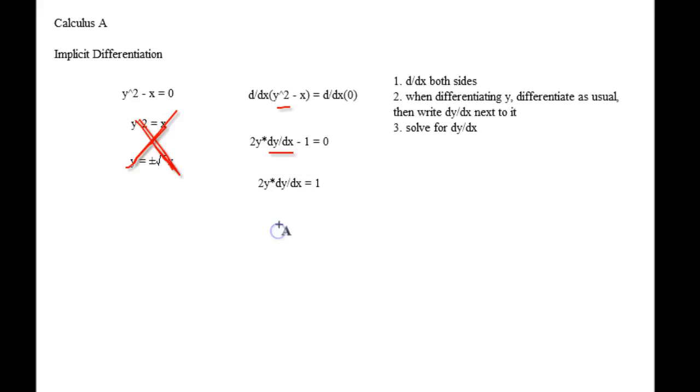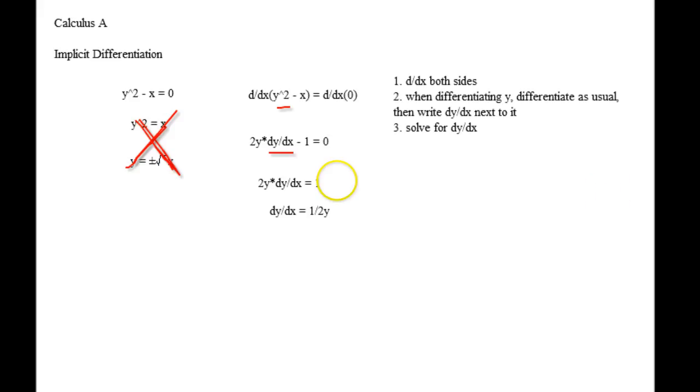So we added the 1 to both sides, and then we're going to divide by 2y, and we're going to get dy dx equals 1 divided by 2y. Okay, and there's our implicit differentiation of this problem with respect to x. Alright, so that one's pretty darn simple.